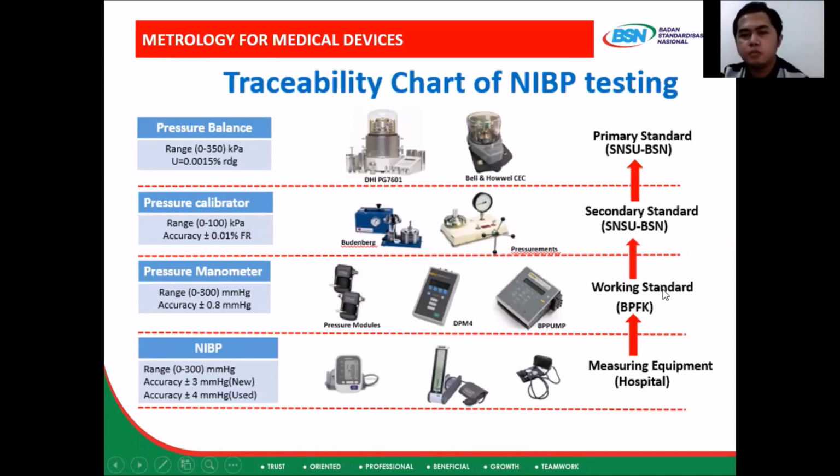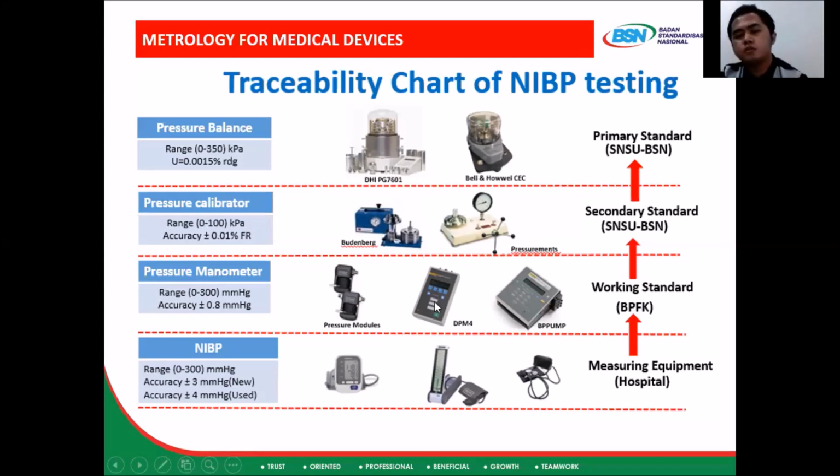As we know, the BPFK is authorized by the government to calibrate and test medical devices, especially blood pressure monitors in hospitals. However, in the current condition, only the DPM4 in the middle is traceable to our standard.